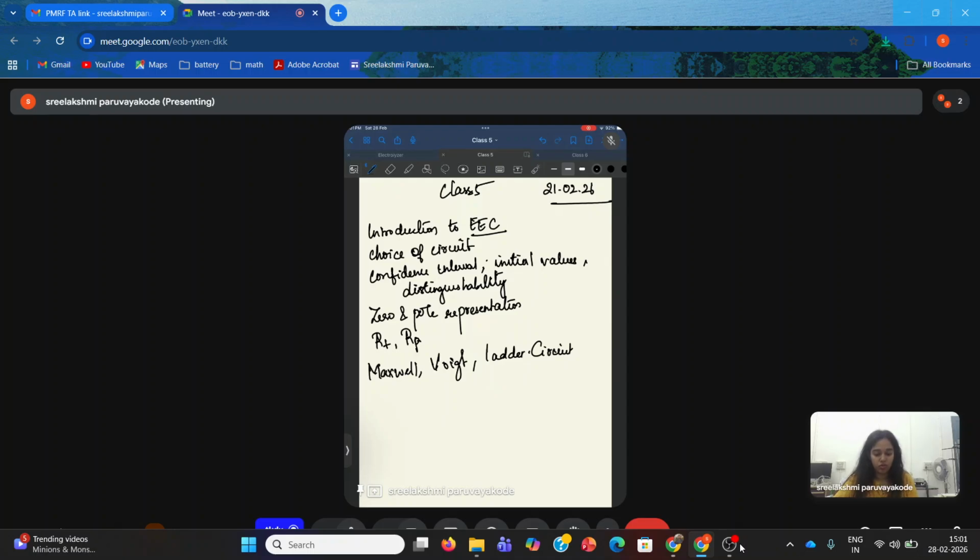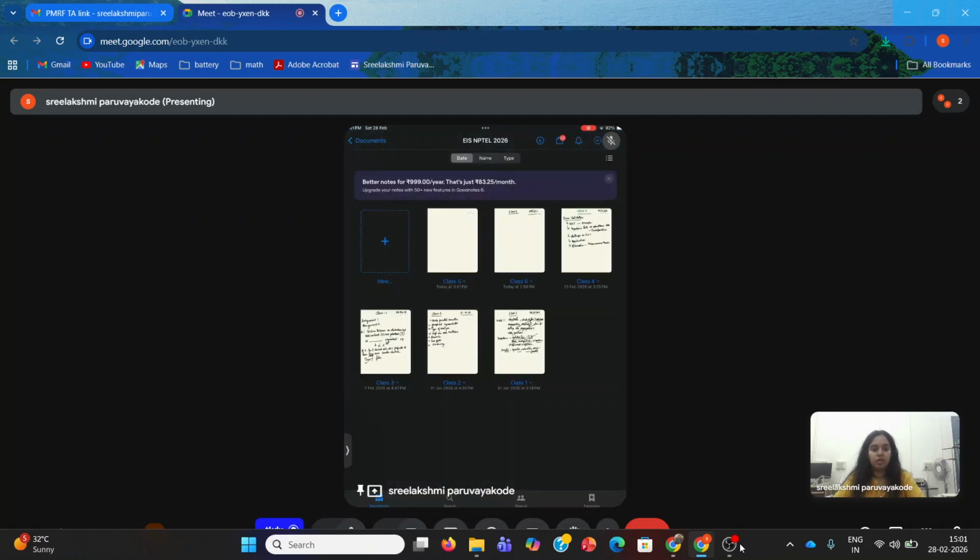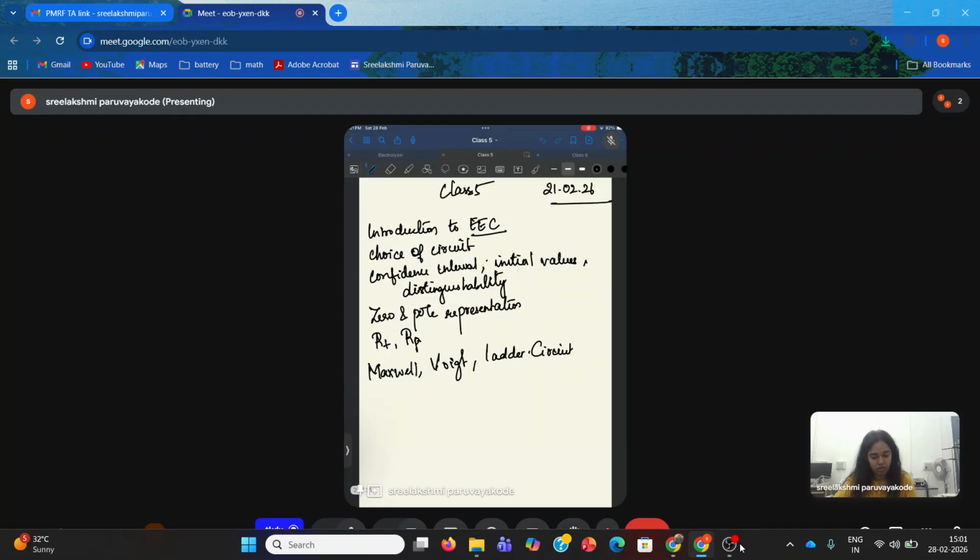Then we looked into zeros and poles, and what is charge transfer resistance and what is polarization resistance.